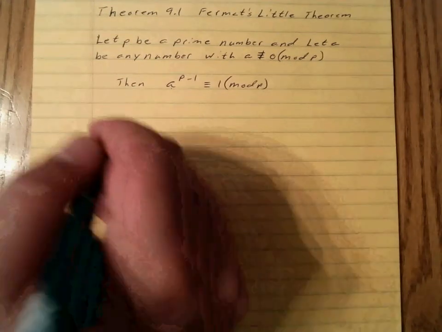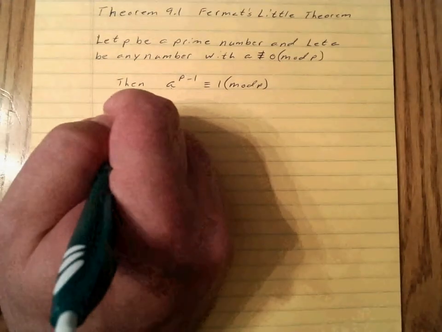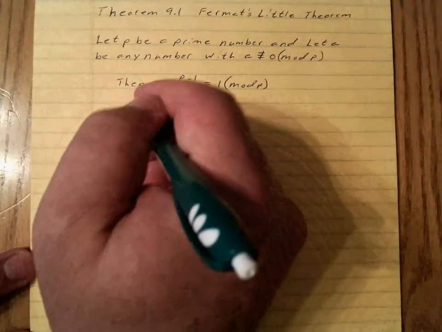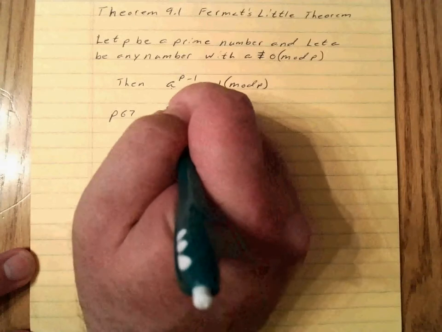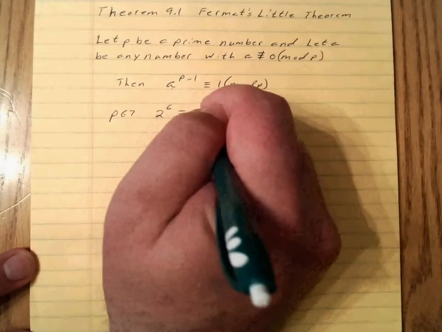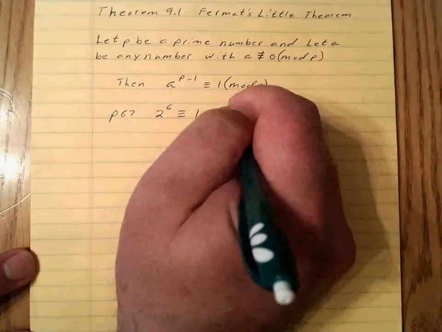On page 67, there's an example of that. What we have is 2 to the 6th is congruent to 1 mod 7.